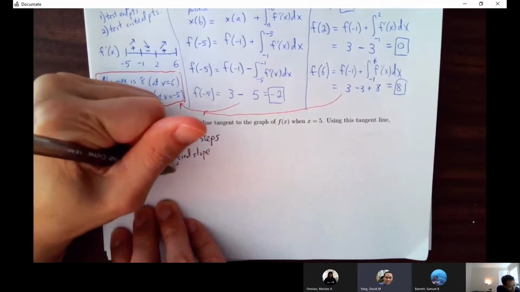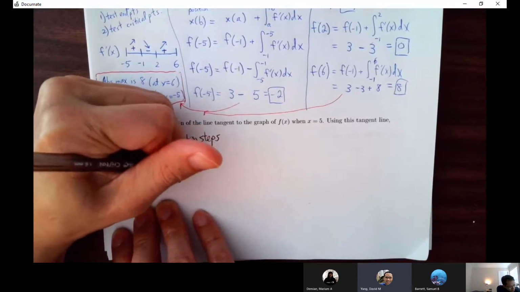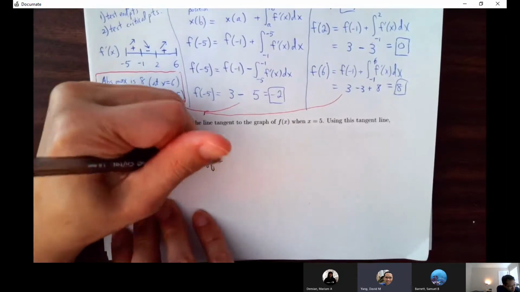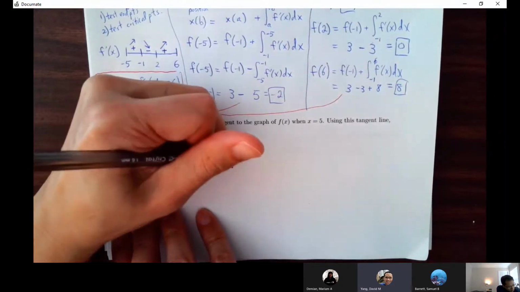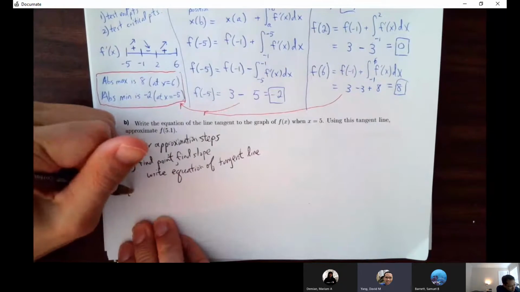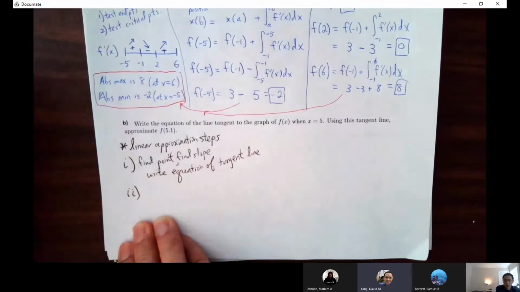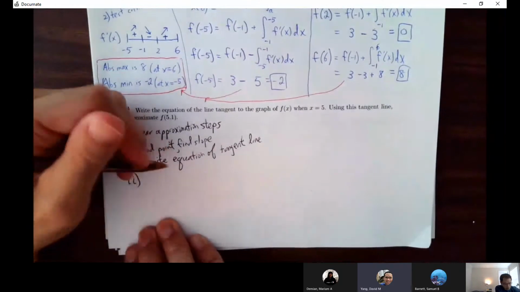So really, if you can write your tangent line equation, then most of your work is done. And then once you have your tangent line equation, then all you do is you just dump that decimal value into the equation.